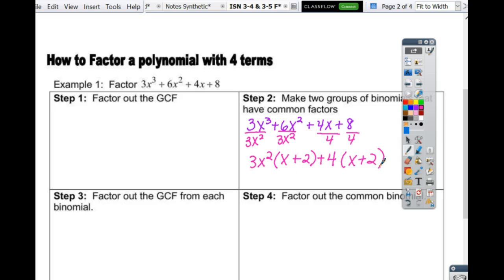So that's the first thing. I'm going to write x plus 2 because those are the same. And then what's left outside the parentheses? Those are outside the parentheses, right? So I'm going to take those, and now it's factored.